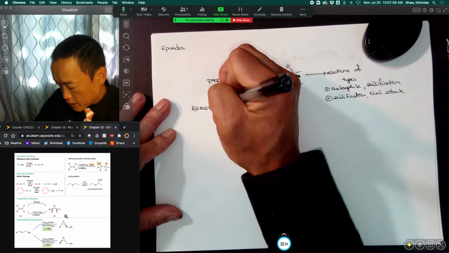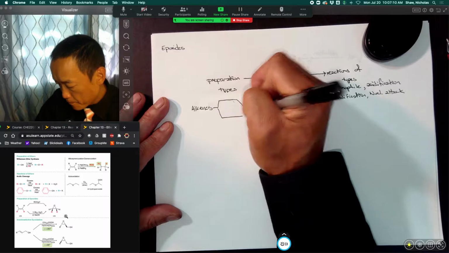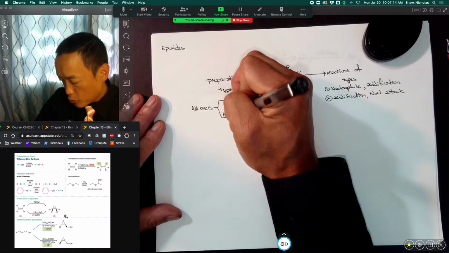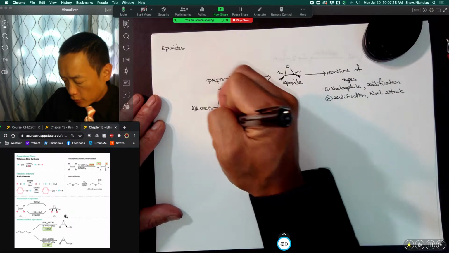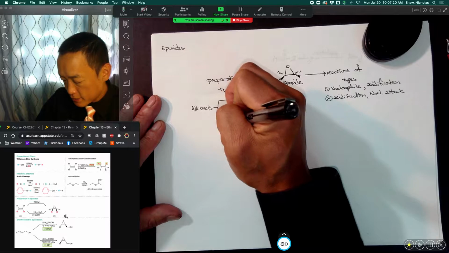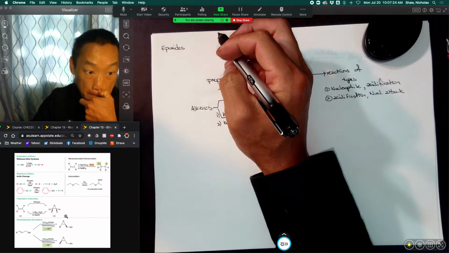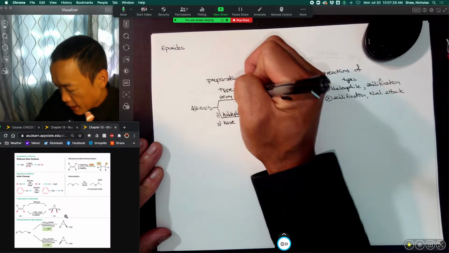We could use a halohydrin followed by a base, or we could use peroxy acids to make epoxides.